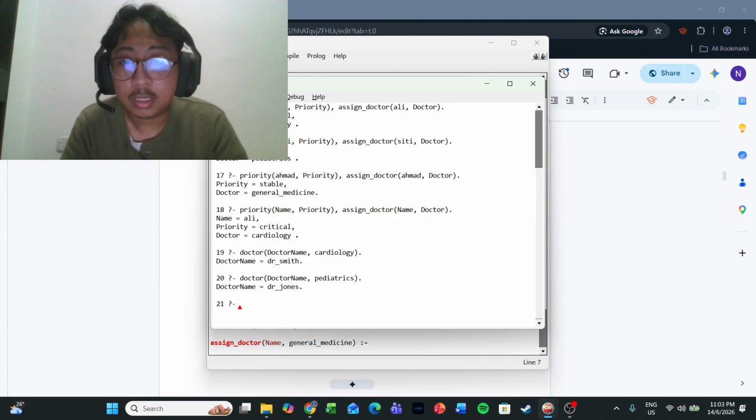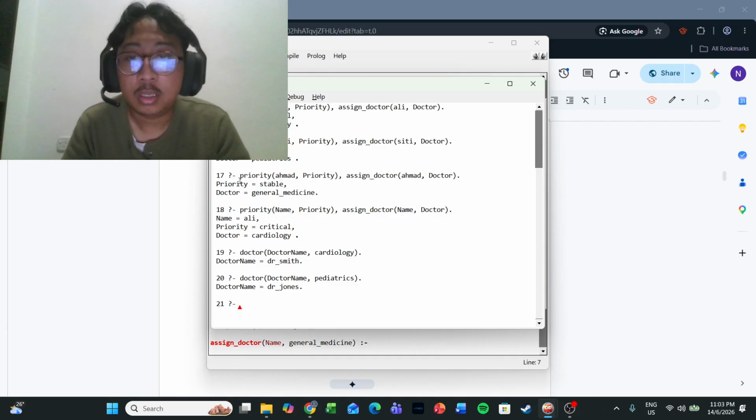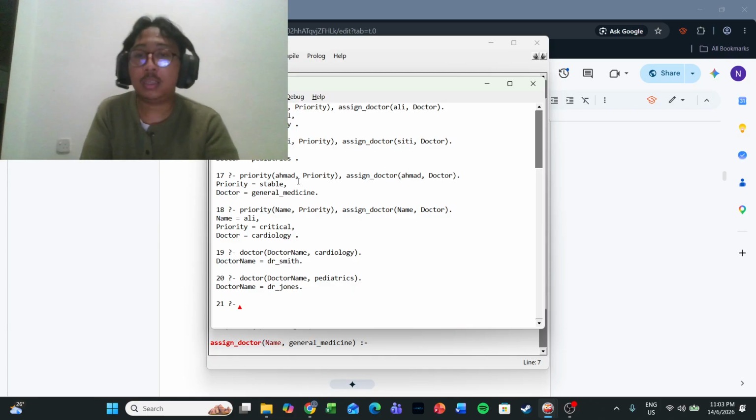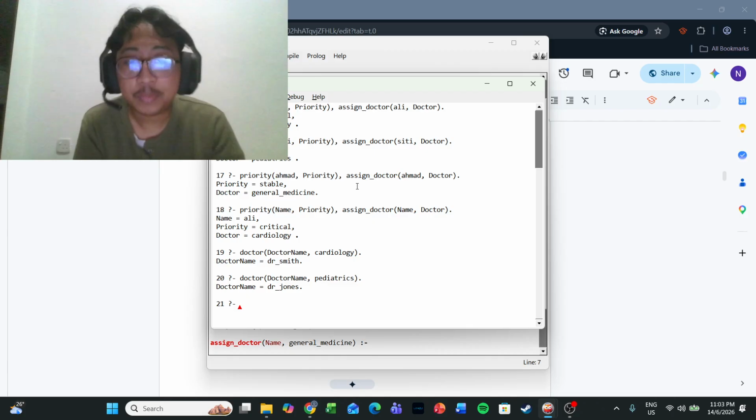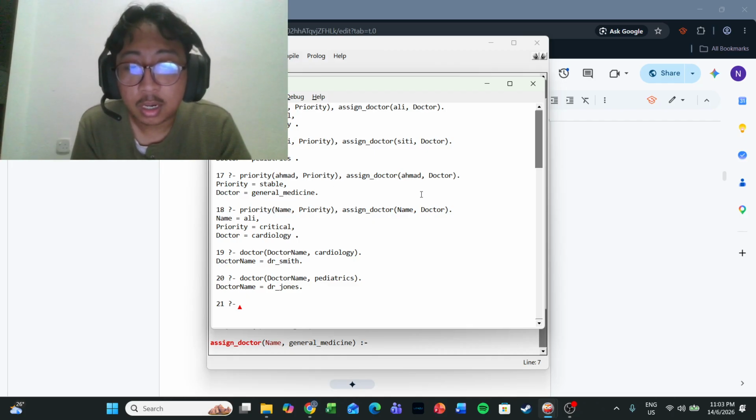The first and the second were, of course, using the logical and/or statement. Now for the third test case scenario, which is for Ahmed. As you can see, the query shows priority Ahmed and then assign the doctor.